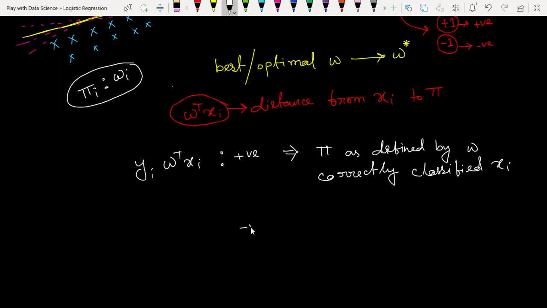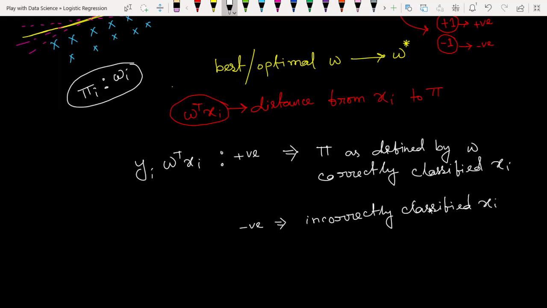And if it is negative, that implies that it incorrectly classified the data point xi. So till now we have recalled the previous lecture.